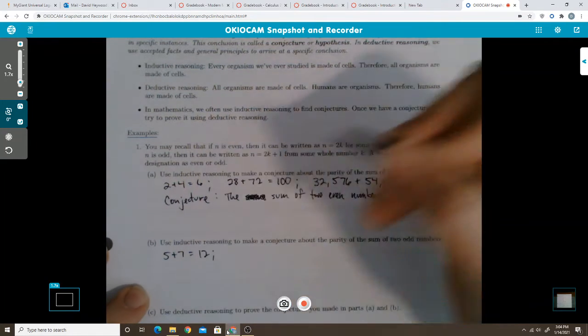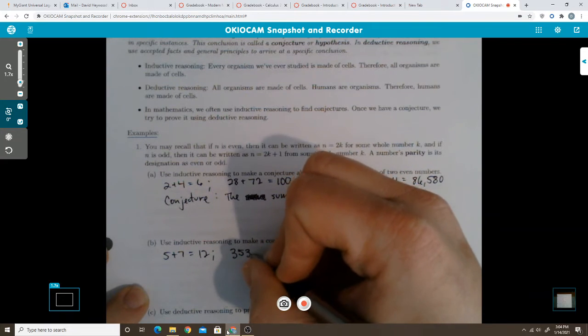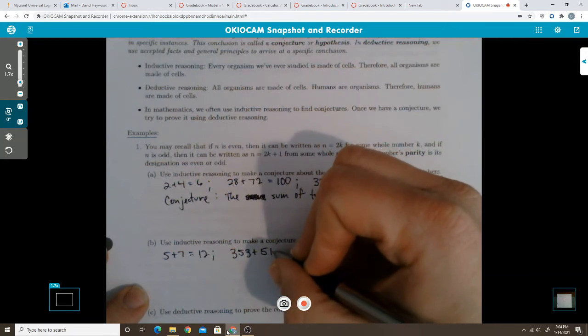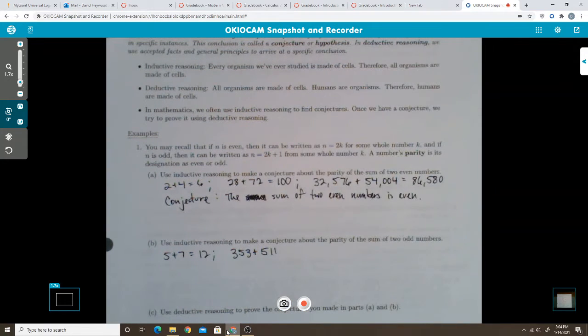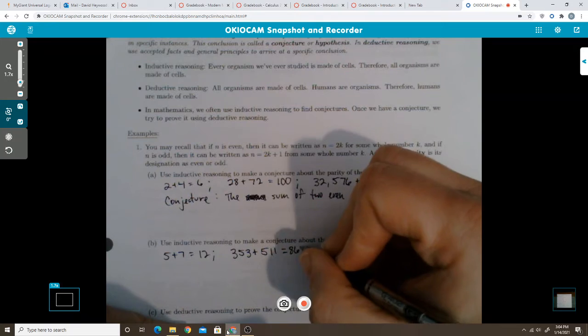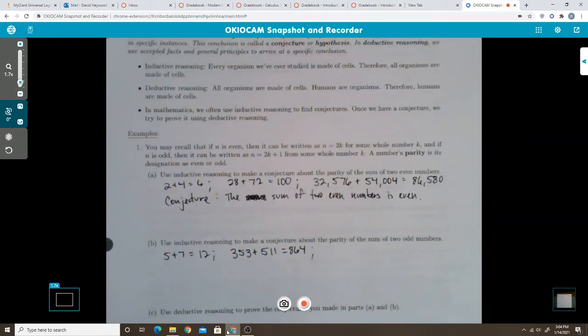Well, let's try this with bigger odd numbers. Let's do like 353 plus 511. Okay, so 353 plus 511 is 864. Okay, so another even number, right? Well, let's try another one.